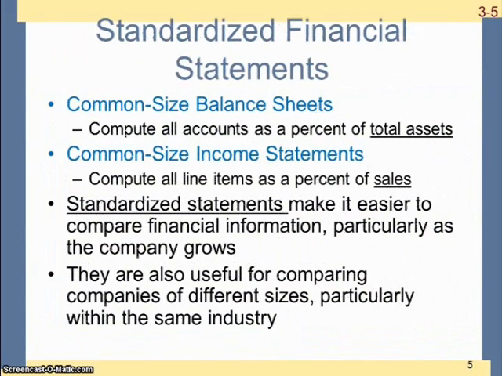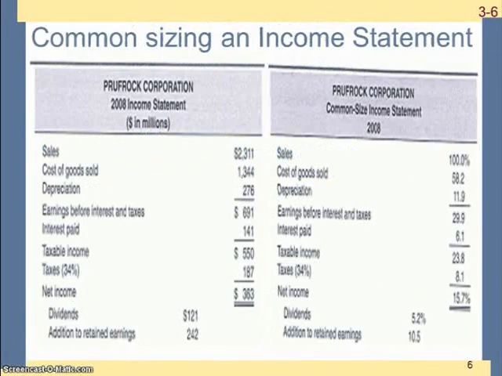What is meant by common size income statement? It means computing all items in the income statement as a percentage of sales. Look at this slide. The income statement on your right hand side is a common size income statement. All items are computed as a percent of sales.